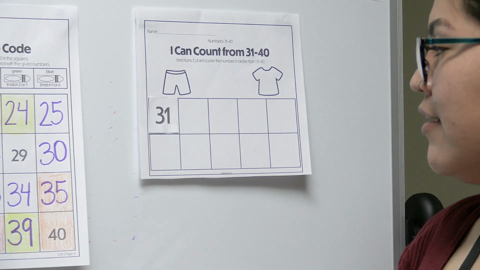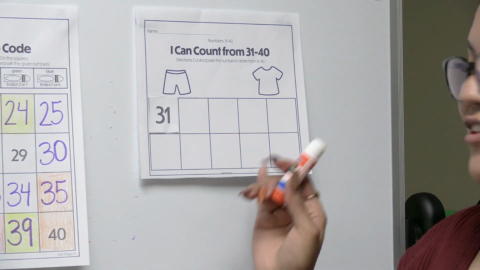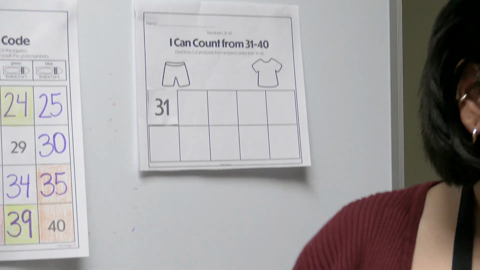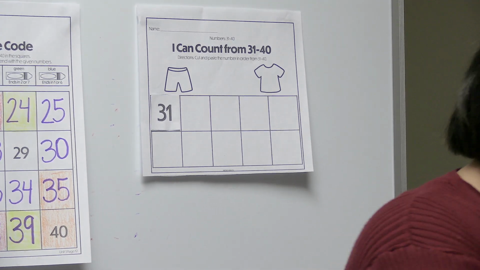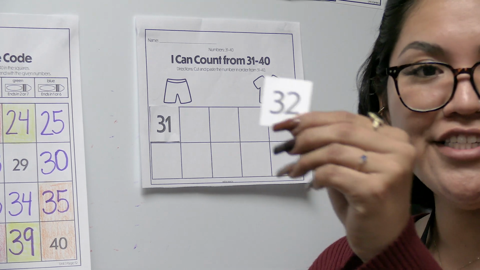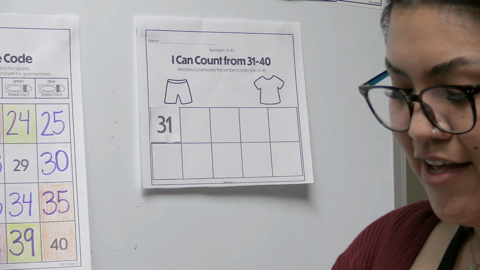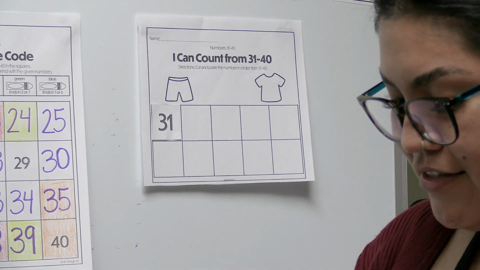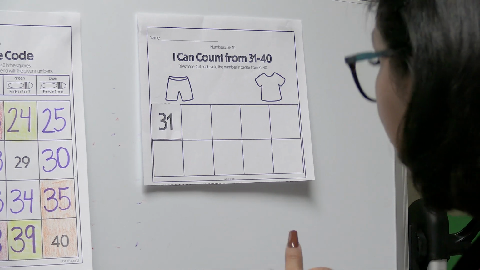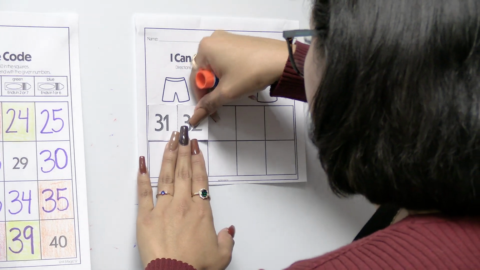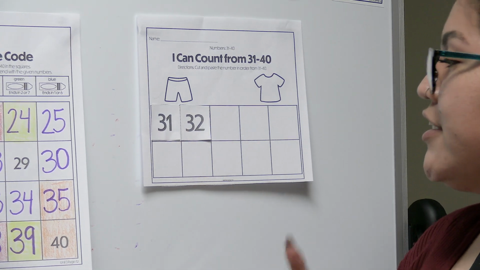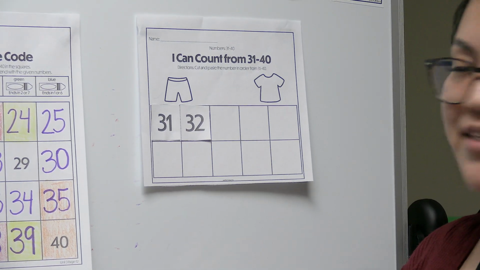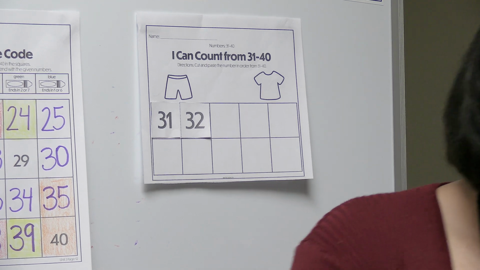31. Okay, next, 32. So let's look for the number 32. Number 32. And then we can paste this one next to 31. Okay, so we have 31, 32. What comes after 32? 33.